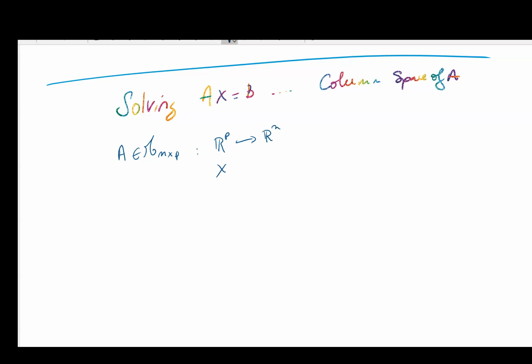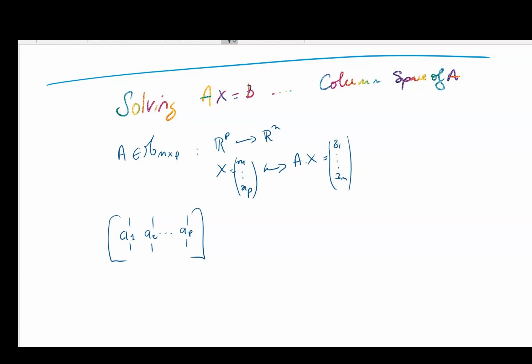So for any x in R^p, let's say x = (x1, up to xp), you compute A times x, and that's going to be a vector in R^n, let's say (z1, up to zn). How can we view that? We've already seen that A has p columns, so I can say it's column a1, column a2, up to column ap.